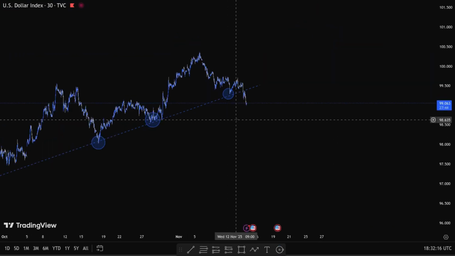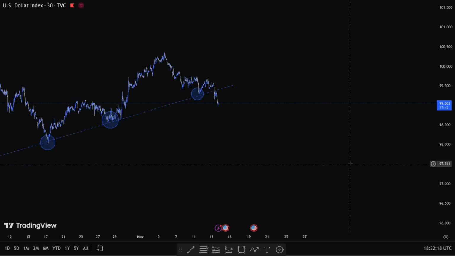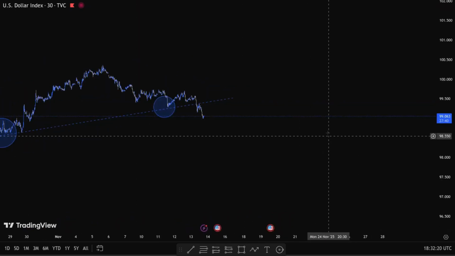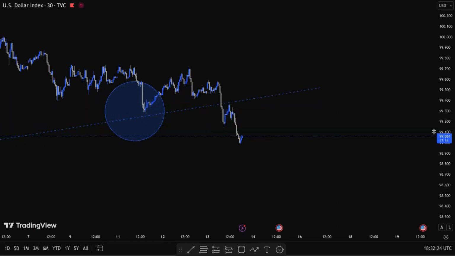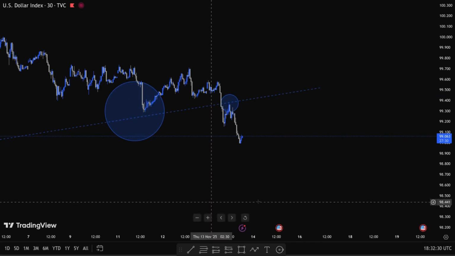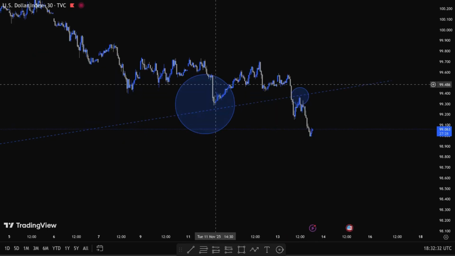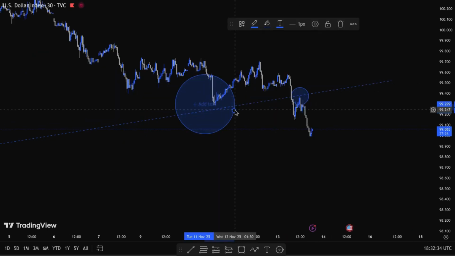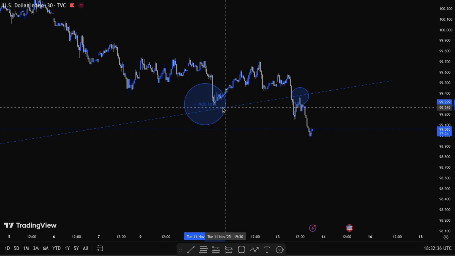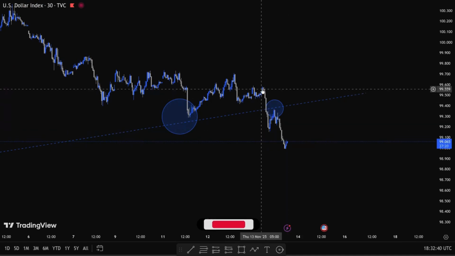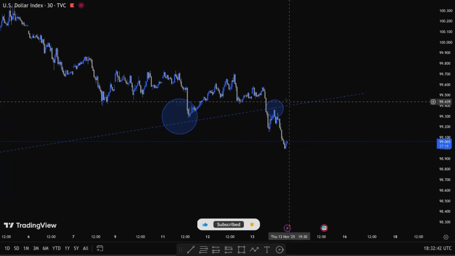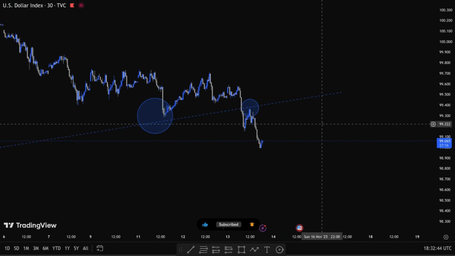So price came and did a retest here, and so they're going to the downside. So I would advise you to always wait for this retest instead. Whenever price breaks the trend line, wait for a retest of that trend line before you enter the market.